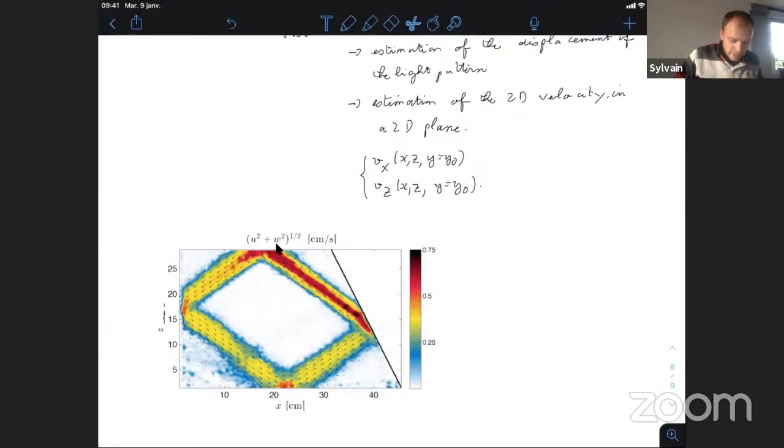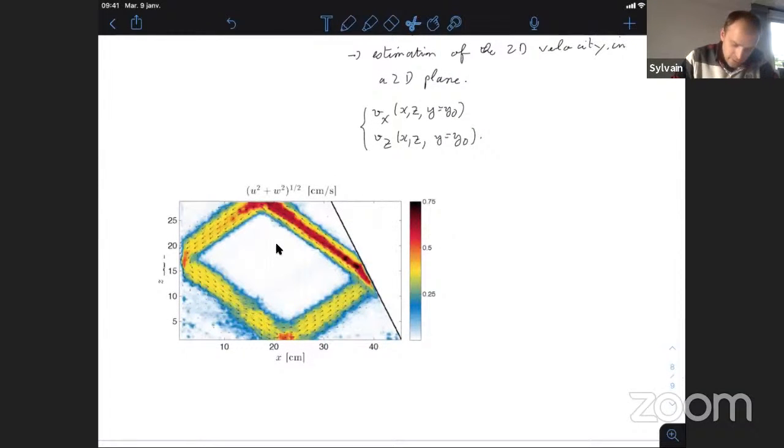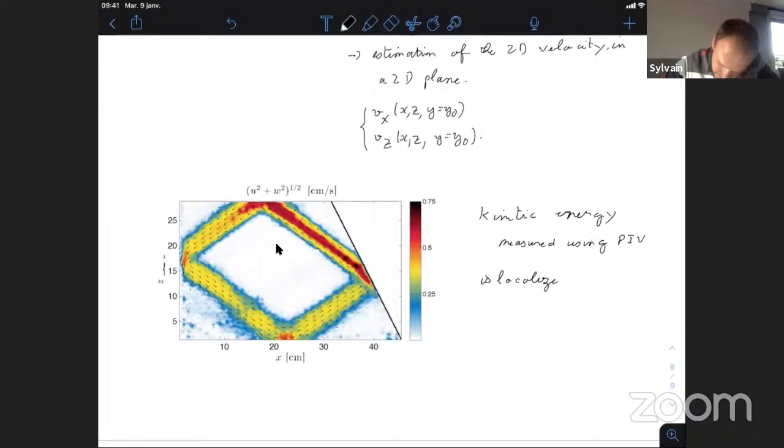This is how we have an energy measure, so the kinetic energy measured using PIV is localized on the attractor.